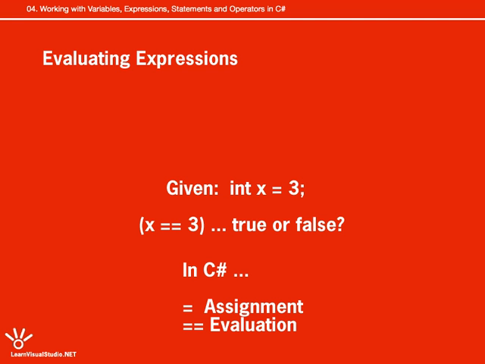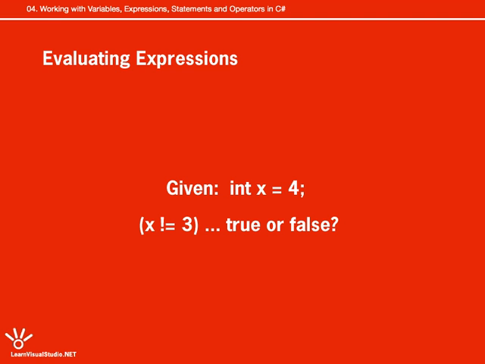Okay, so just keep in mind that in C#, unlike other programming languages, there are different operators used for assignment and evaluation. Okay, one last one. Given that x is equal to 4, is x != 3, true or false? Well, that would obviously be true.